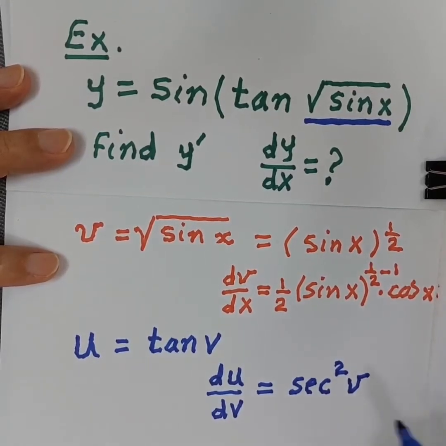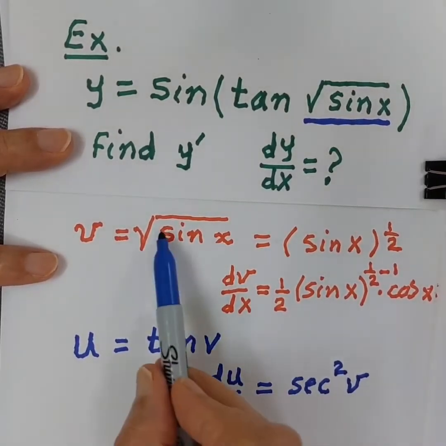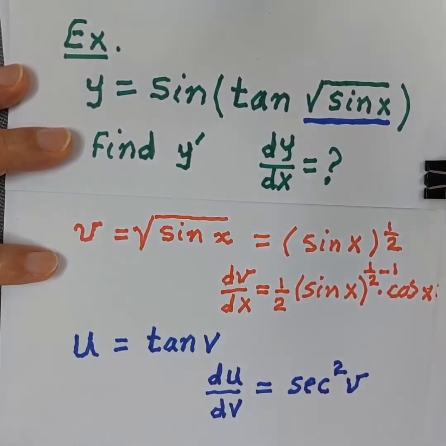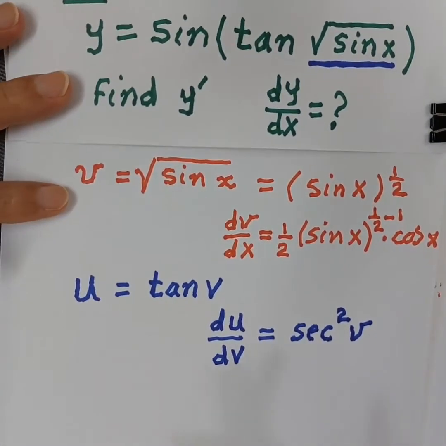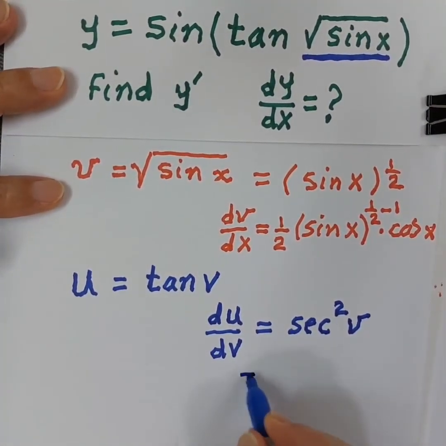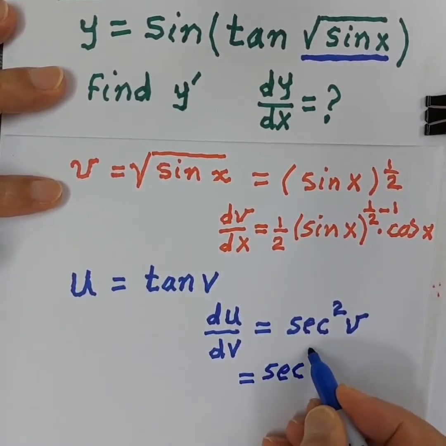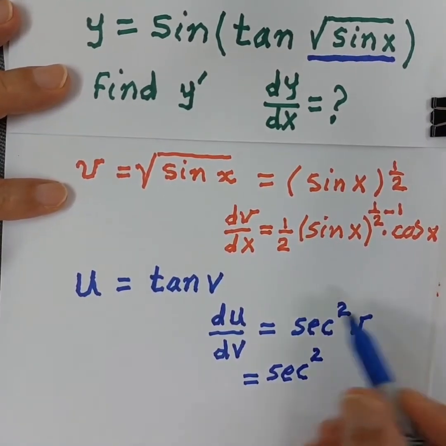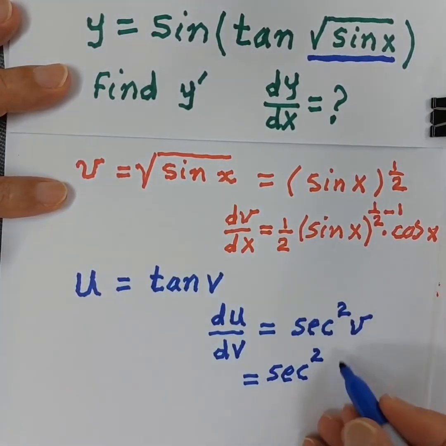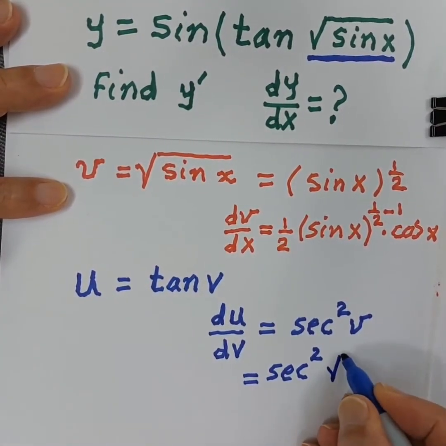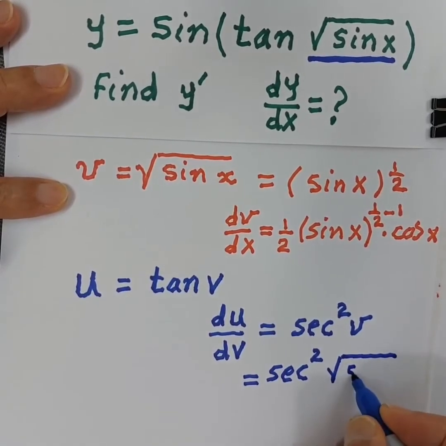And you can make substitution about v from here. That means du by dv is sec square, and put instead of v the value here, which is square root of sine x.